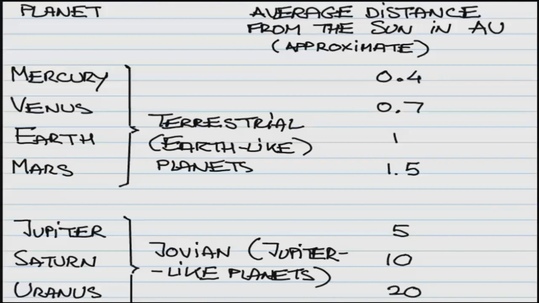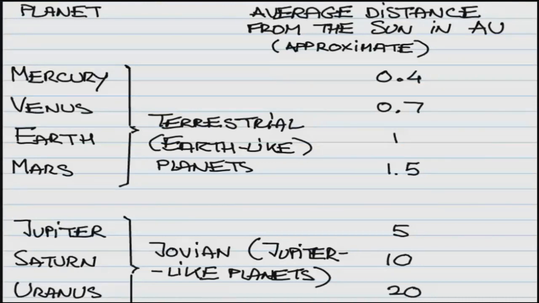And their distances from the sun in astronomical units, and I'm just giving approximate values to one significant figure or two when needed, because that's all you need to know. So Mercury is at about 0.4 astronomical units away from the sun. Venus, slightly more distant, almost twice as distant as Mercury, at 0.7. Of course, in these units, we are at one astronomical unit, and Mars is at 1.5 astronomical units.